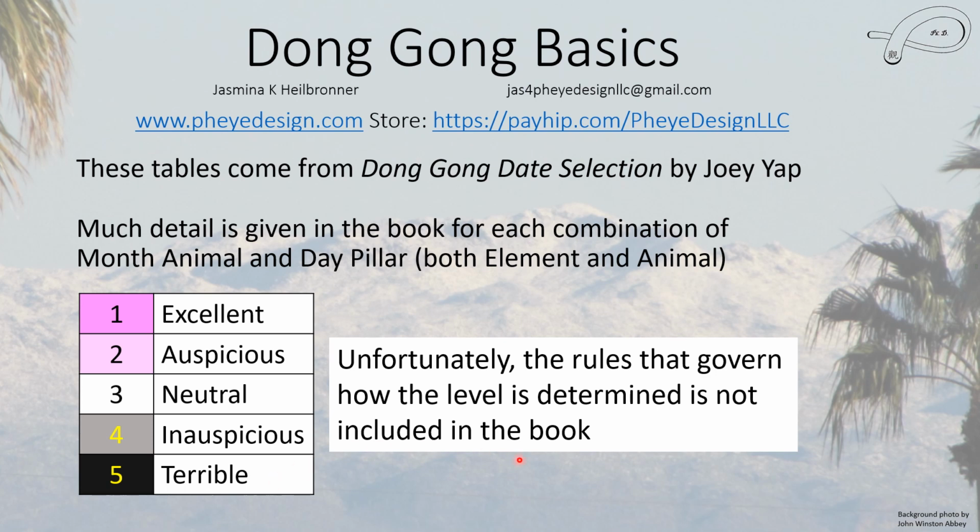Now, unfortunately, the rules that govern how these levels are determined are not included in the book, and I have actually not found that information anywhere yet. It doesn't have a distinctive pattern that I can discern just by looking at it. It's a little bit mysterious right now, but I'm going to take it at face value that he's done it right.